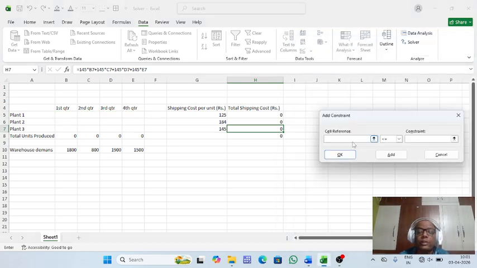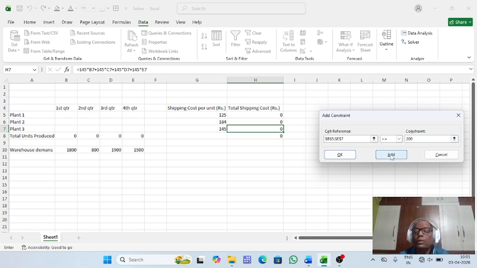The first constraint is that each plant has to produce a minimum of 200 quantity per quarter. So this should be greater than or equal to 200.